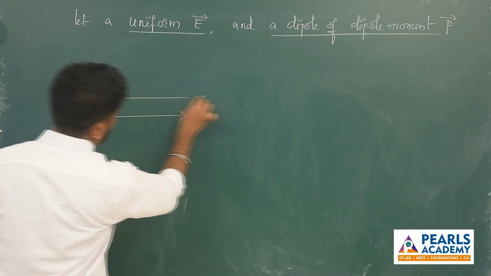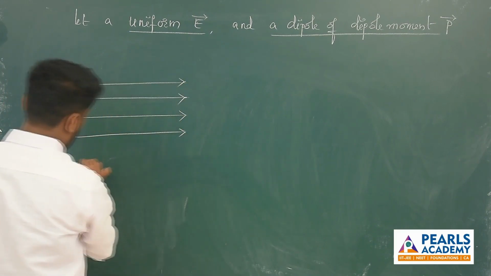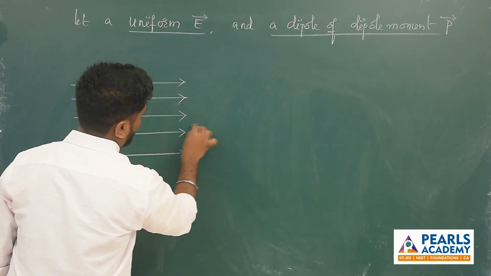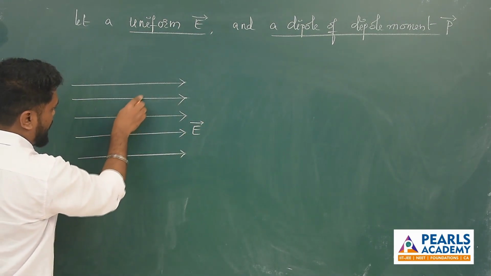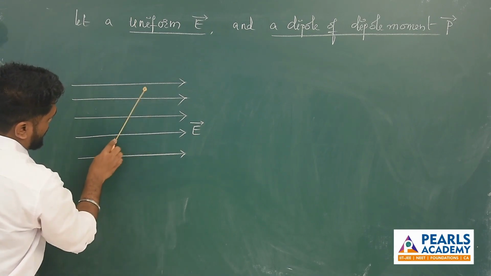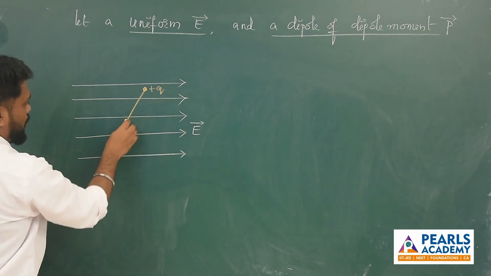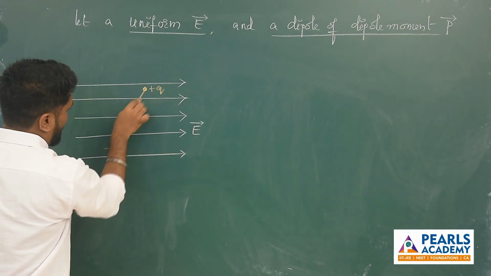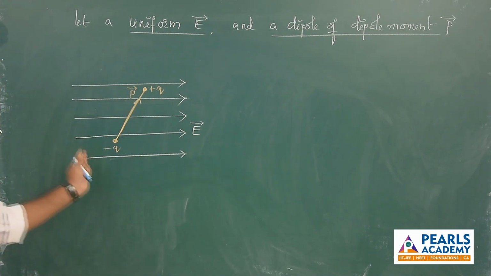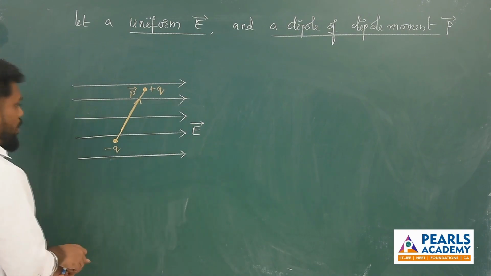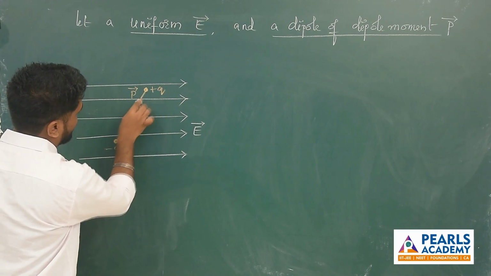Uniform electric field E, and a dipole is placed in this uniform electric field, minus q here and plus q here, whose dipole moment will be in this direction, P. Dipole moment will be always from negative charge to positive charge direction, and the angle between the electric field and the dipole moment is theta.